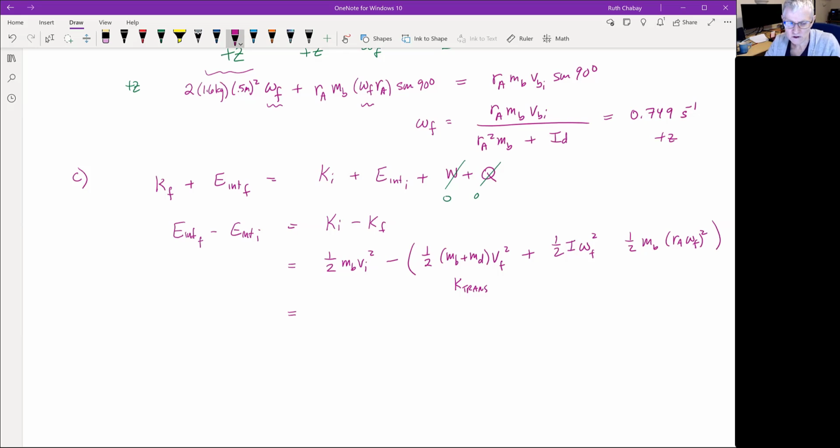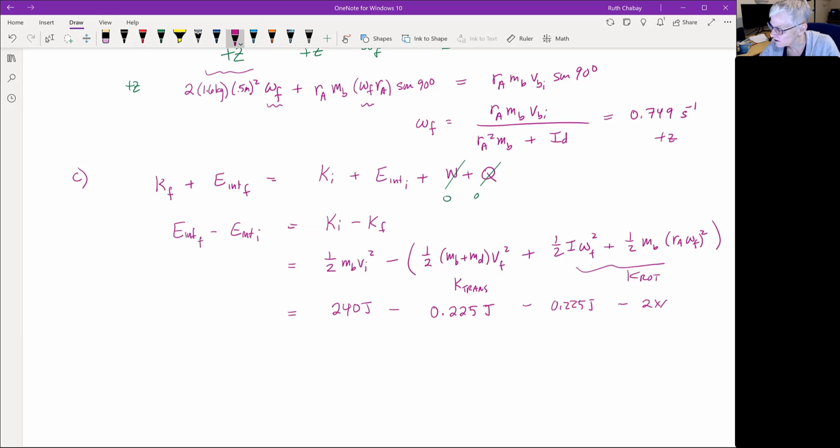And if we work these things out, this comes out to an initial kinetic energy of 240 joules. The translational kinetic energy is not very big, 0.225 joules. And it turns out that this is also 0.225 joules. And this number is really tiny.